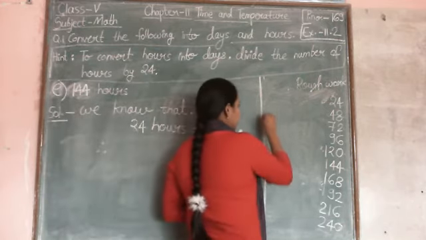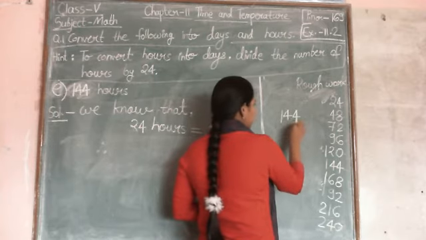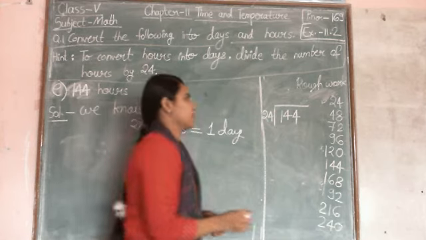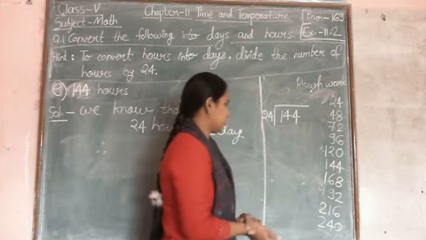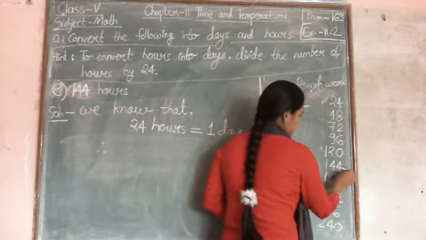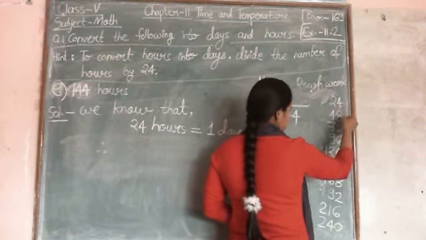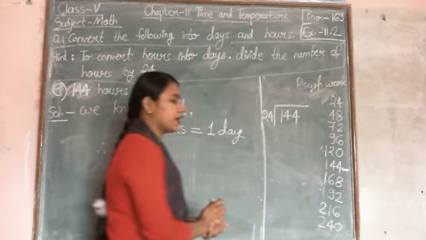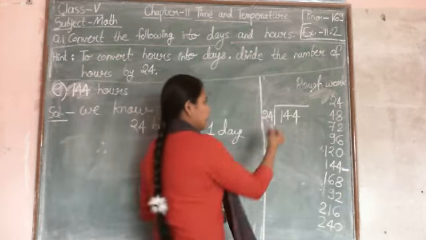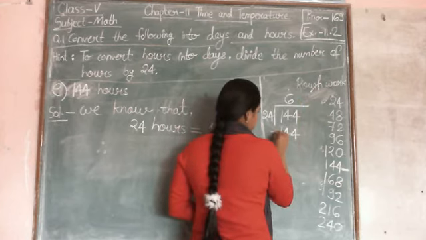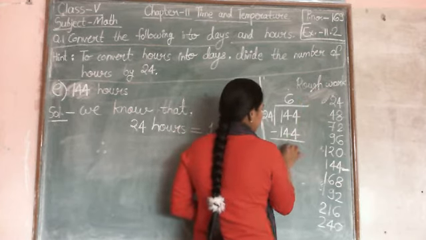So according to the hint, we will divide 144 by 24. Check the table of 24. 144 we get in 6 times in the table of 24. So directly we can divide in 6 times.